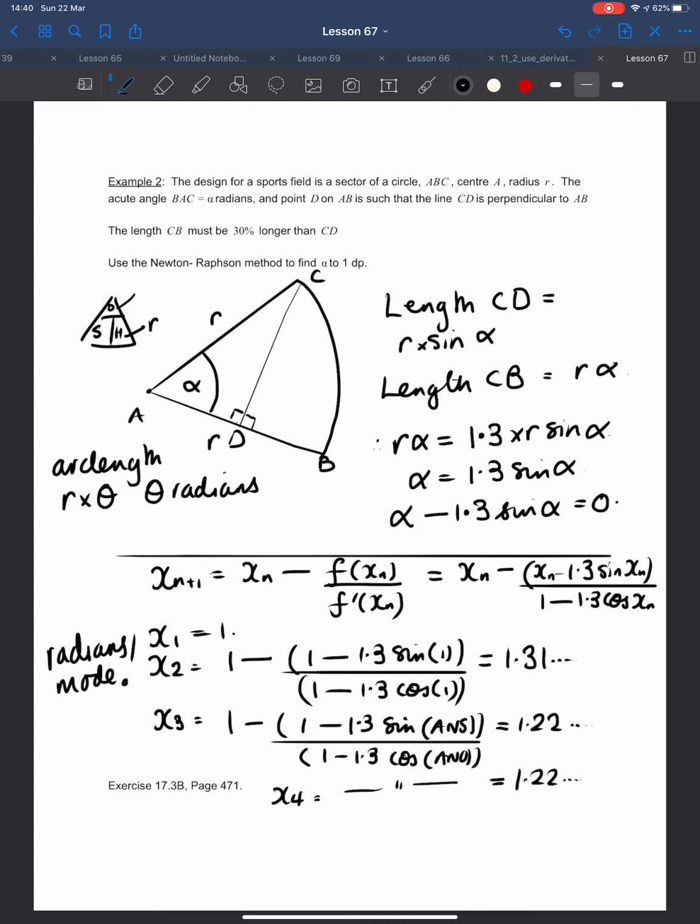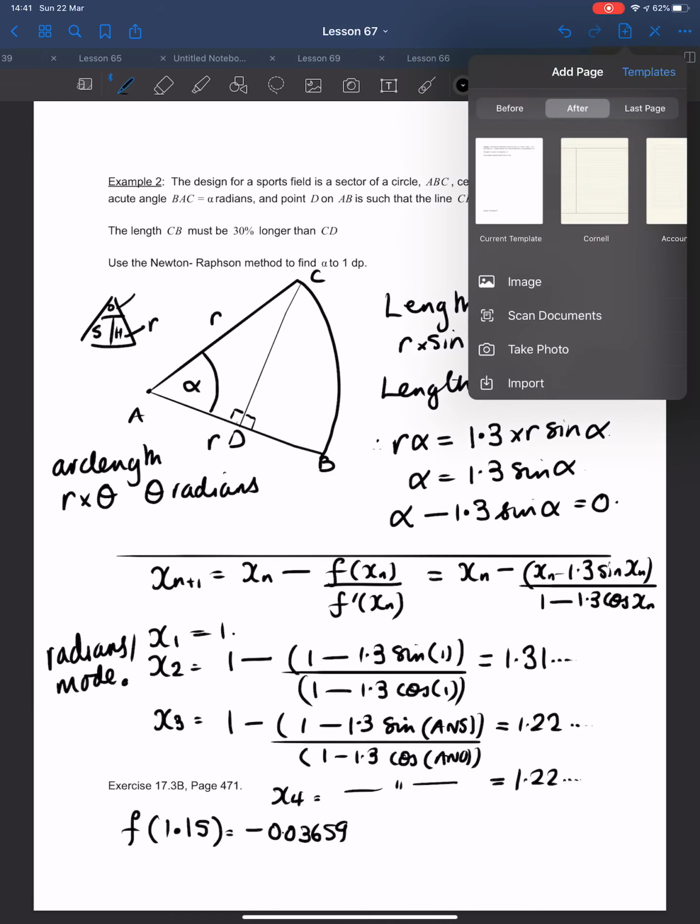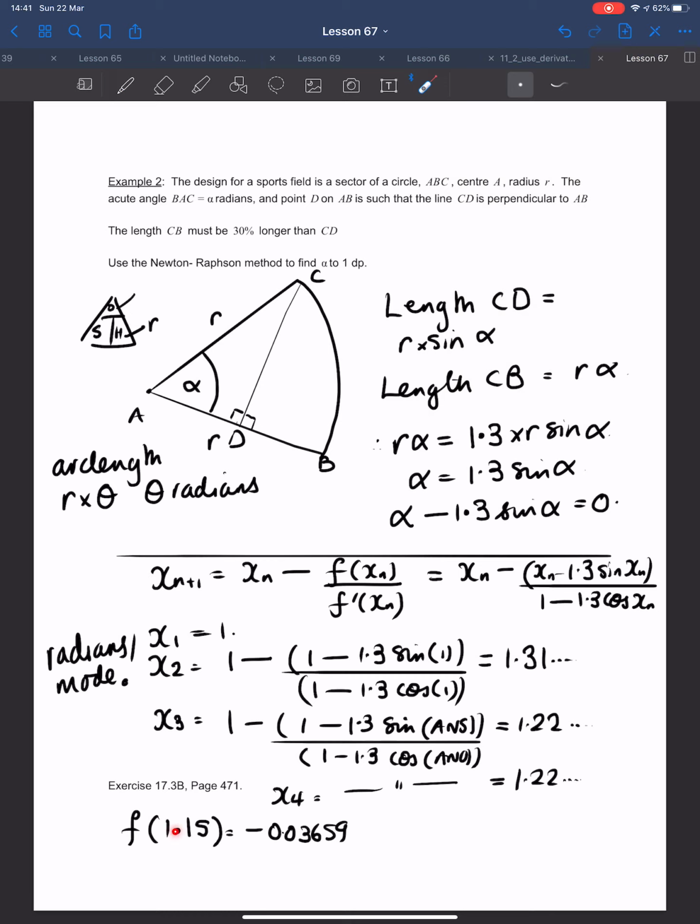Okay, and then in the book they also go on to say f of 1.15 is negative. So that's what you get when you substitute 1.15 into there.